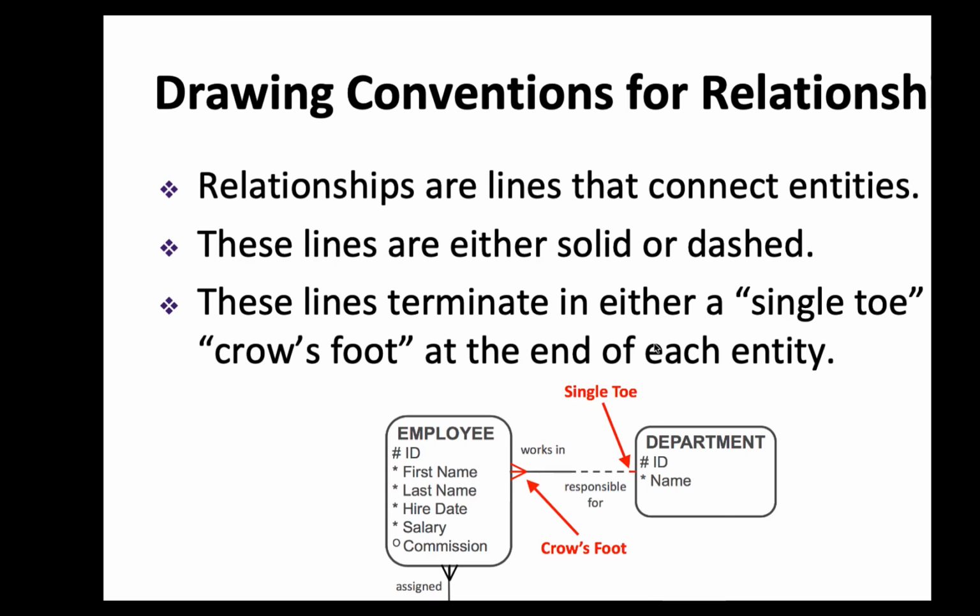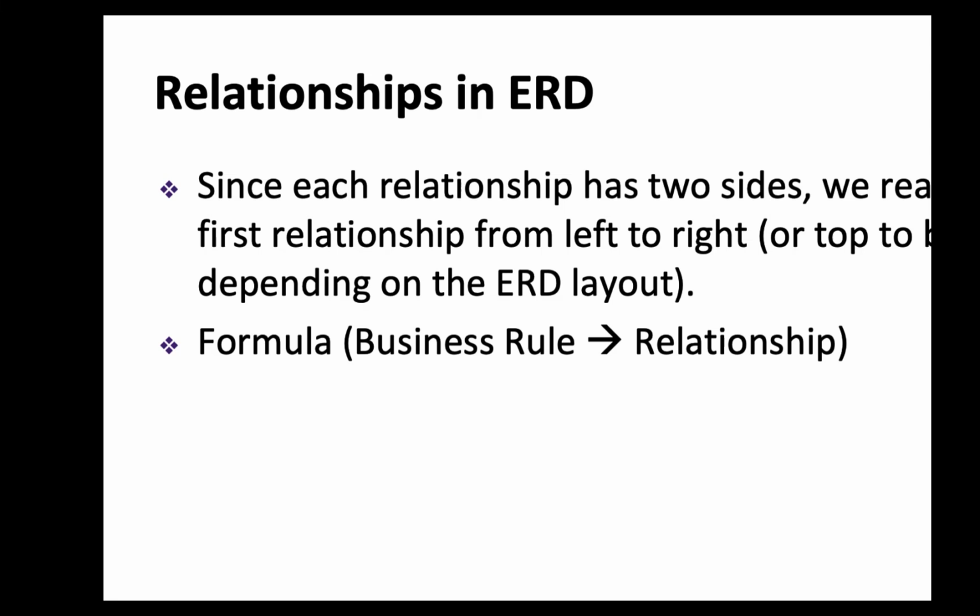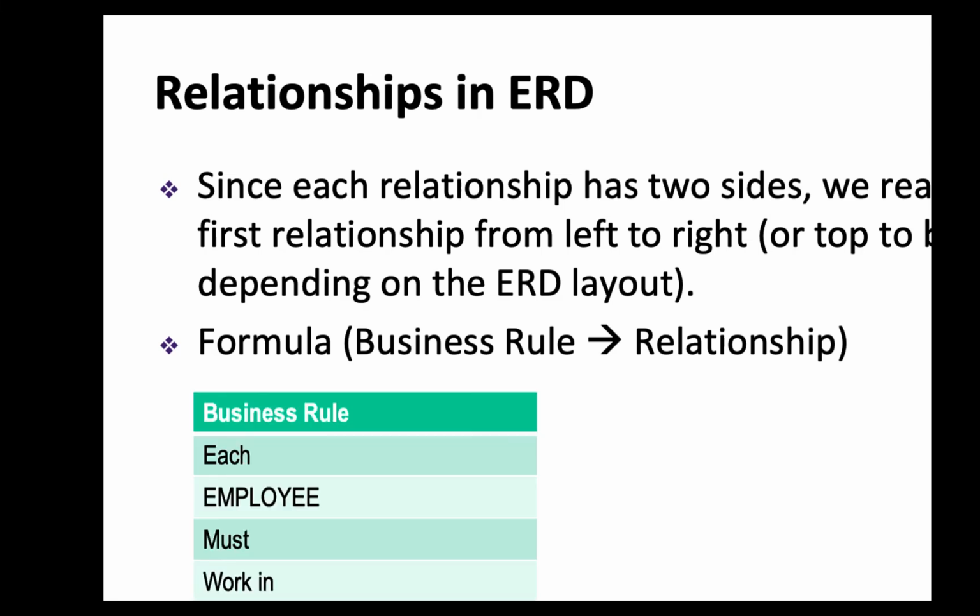But obviously relationships would tell. So business rules would define relationships. We have one business rule: each employee must work in one and only one department. This was the business rule, which was documented somewhere, and from this business rule you have to make the ERD.